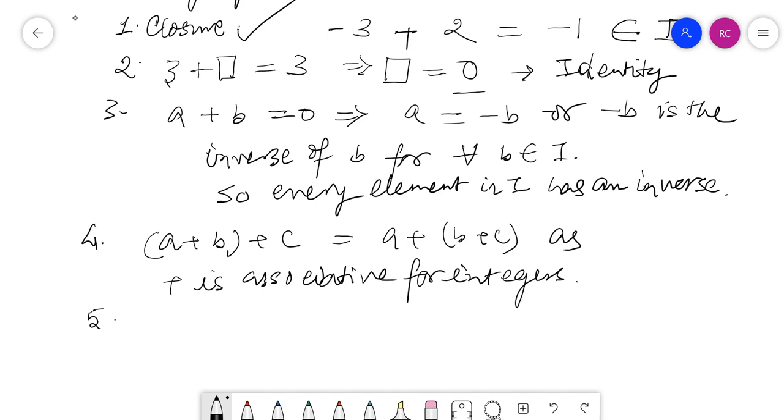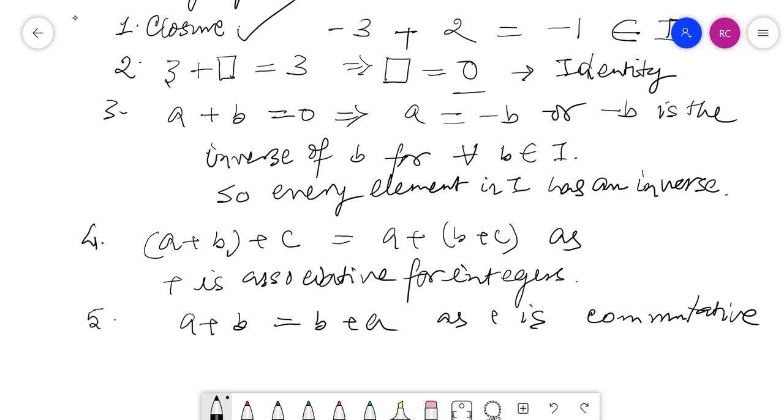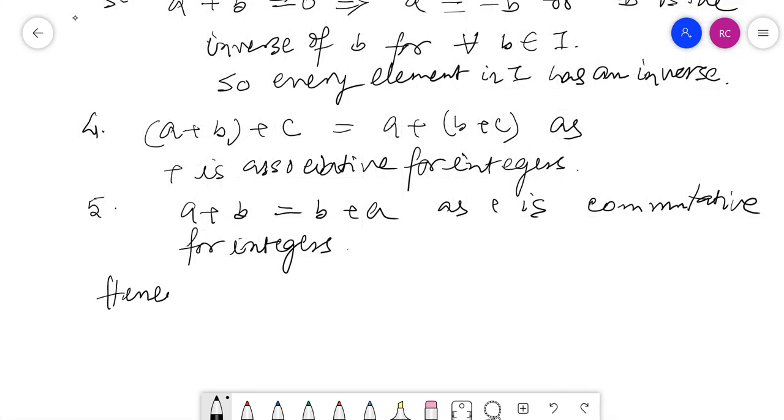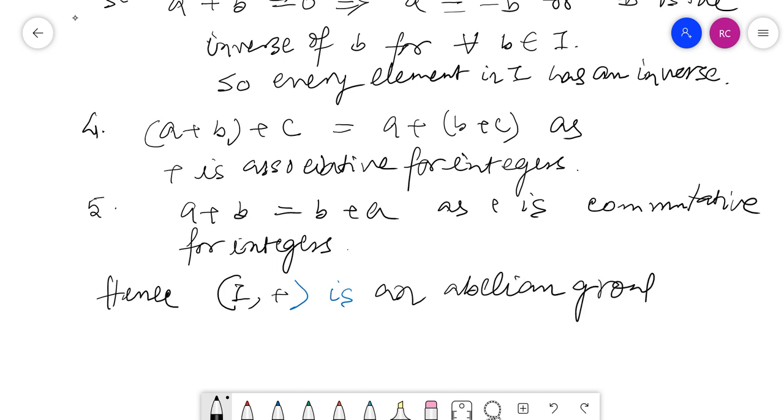Now A plus B is equal to B plus A, as plus is commutative for integers. Hence, the algebraic system I plus is an abelian group.